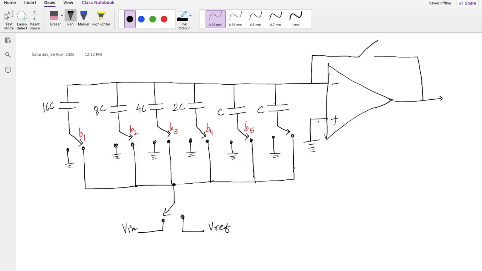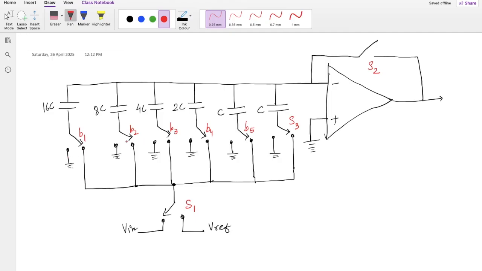And there are basically 3 more switches here. Let's name this switch S1, this S3, and this S2. Depending upon the mode of operation, we will be turning these switches. If B1 is equal to 1, it will be connected here, else it will be connected to the ground.